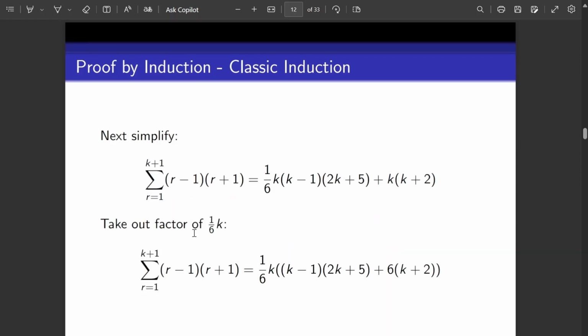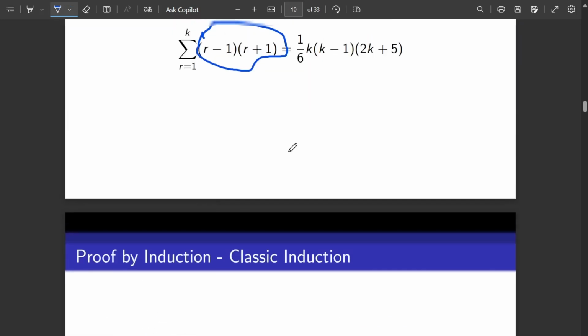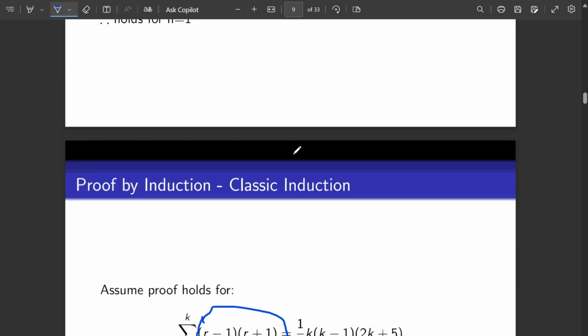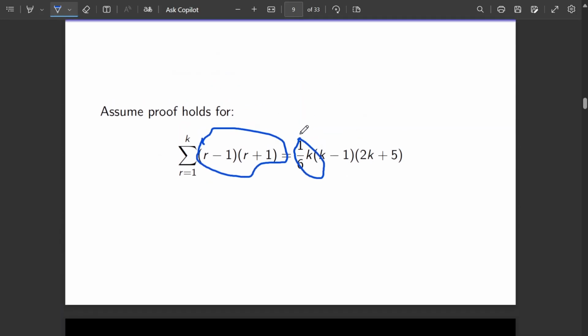Okay, so you take out a factor of 1 over 6k, and the reason we do that is because we're trying to match the original sum here, because this has 1 over 6k in the front.